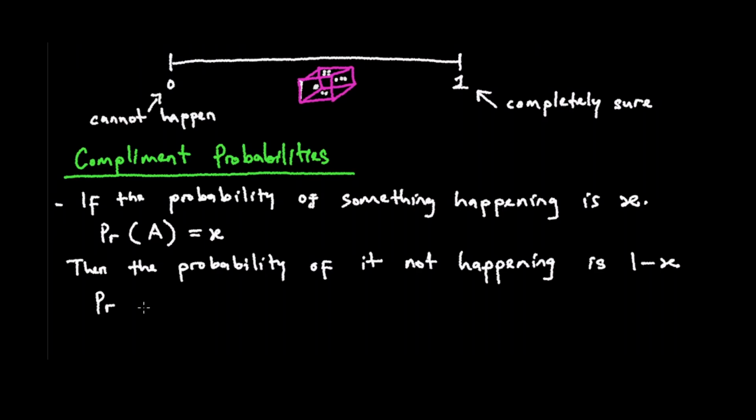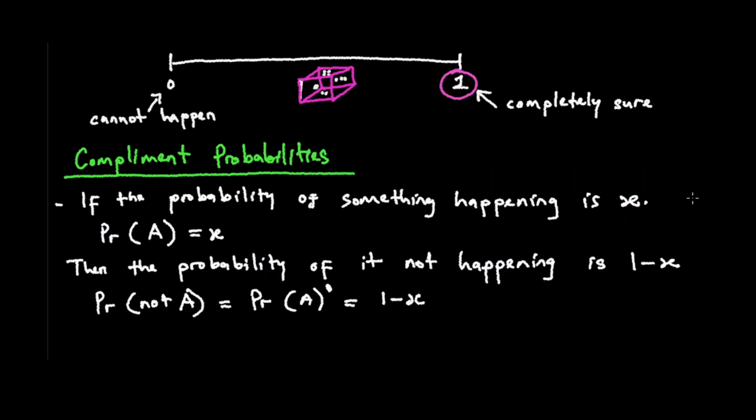So the probability of not a, which we can write as the probability of a complement, with a small superscript, is going to be equal to 1 subtract x. So if the probability of a happening is x, then the probability of a not happening is 1 minus x, because the maximum probability we can get is always 1.